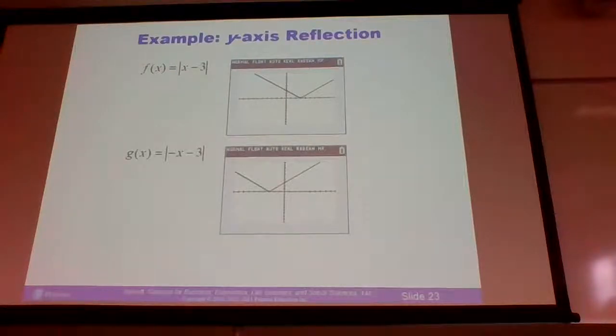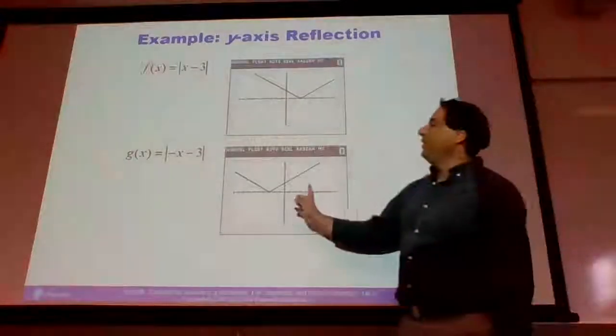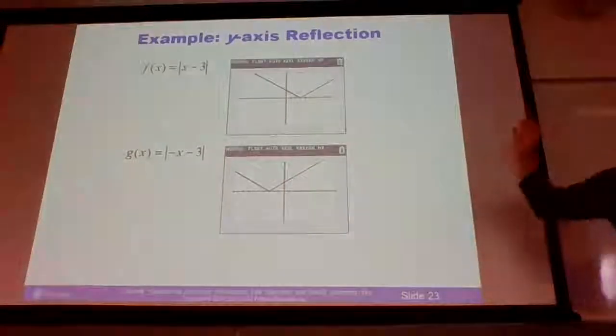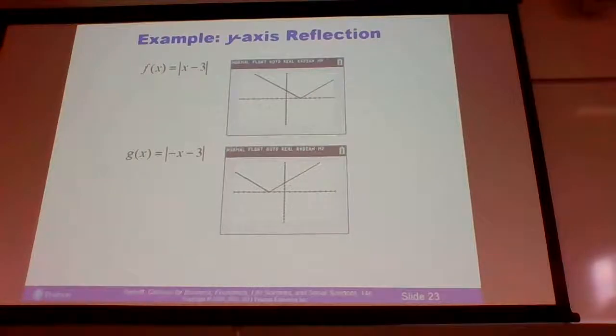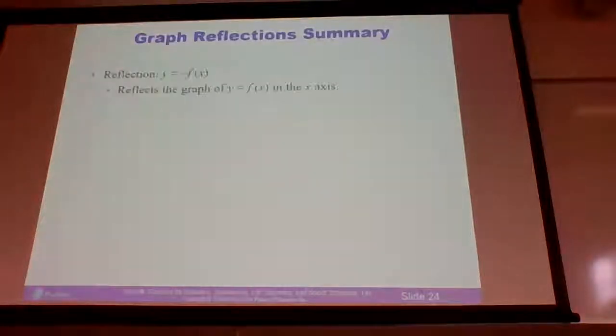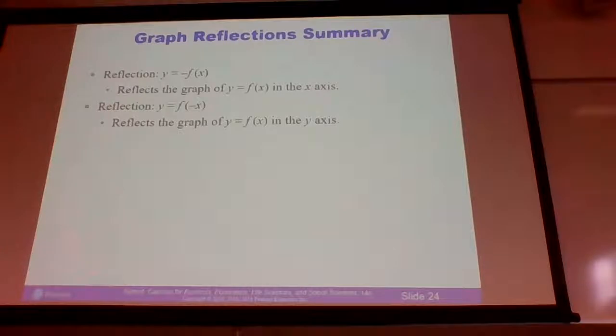So in these examples, you'll notice we moved it over to the right 3, but the negative kind of flipped it to reflect on the other side. So negative makes reflection. So we're reflecting about the y-axis. So the negative on the outside reflects about the x-axis.